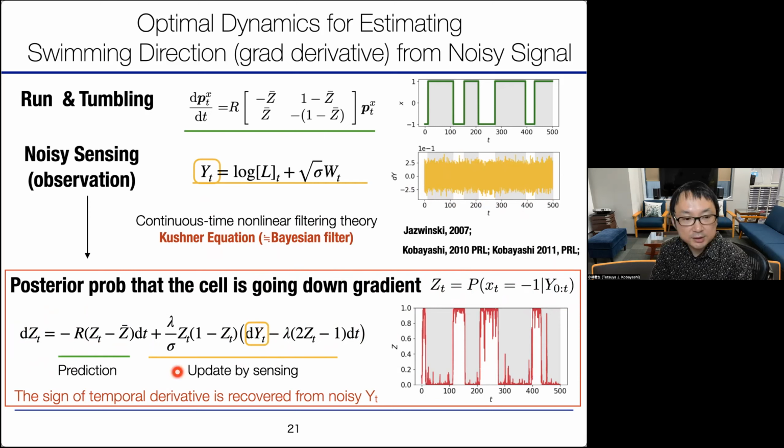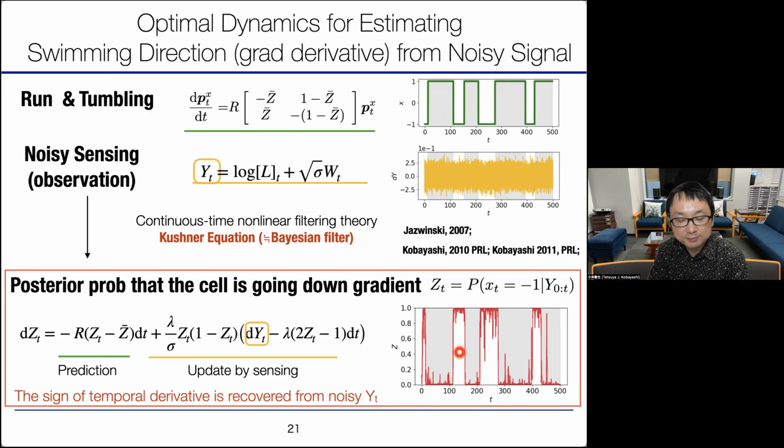This is a nonlinear equation, but even though it is driven by this noisy signal, Z behaves like this. In the gray region, a cell is swimming up the gradient. In this region, Z goes down to 0, meaning that Z is estimating that it is not going down the gradient, because it is the probability that it is going down the gradient.